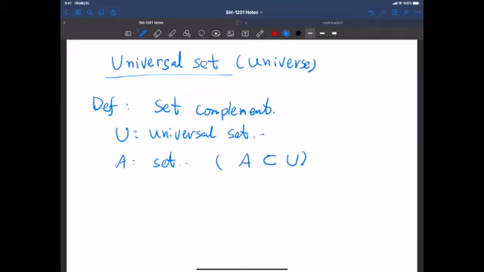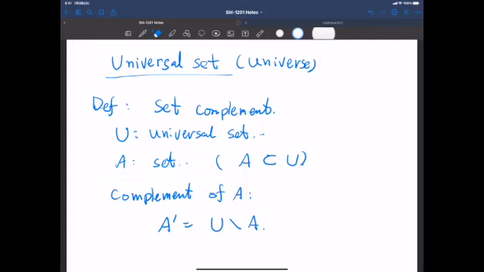Whatever this A is. And the complement of A is defined as A prime, which is the set difference U minus A. So this is the definition of the set complement.